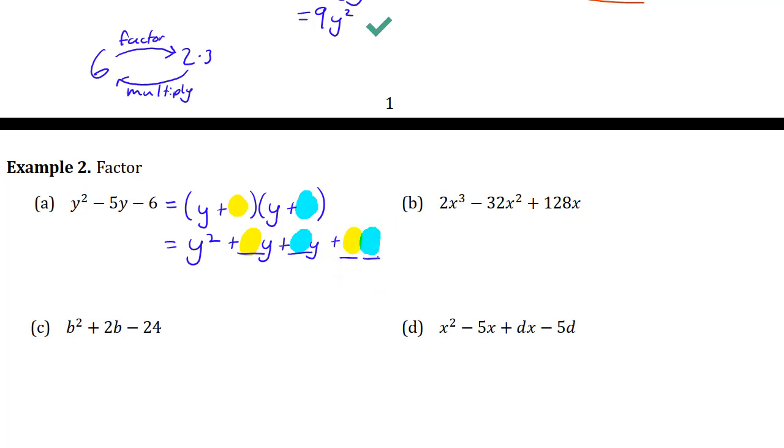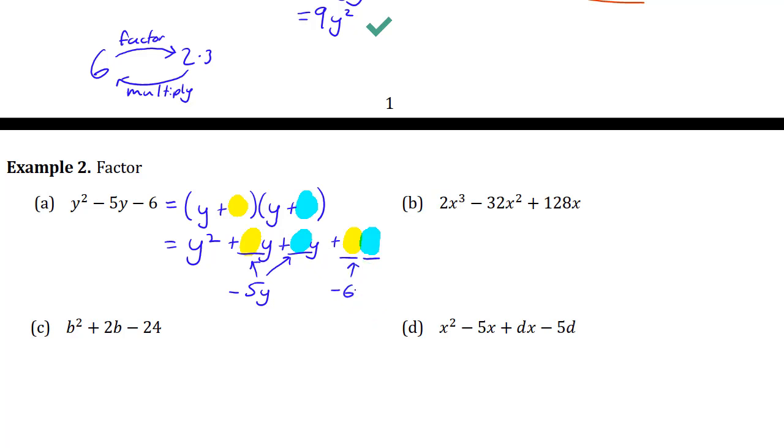And we know that these things must add up to be, excuse me, negative 5y. And the two things that are just the numbers should multiply to make negative 6.